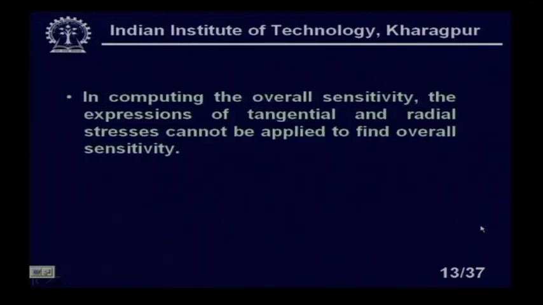In computing the overall sensitivity, the expressions of tangential and radial stresses cannot be applied directly to find overall sensitivity.